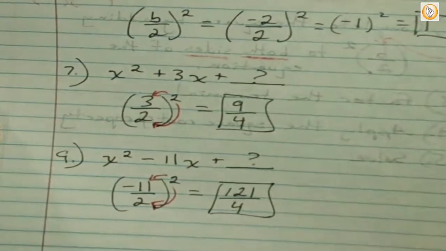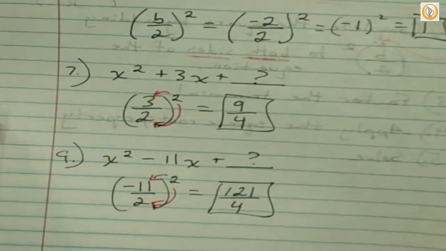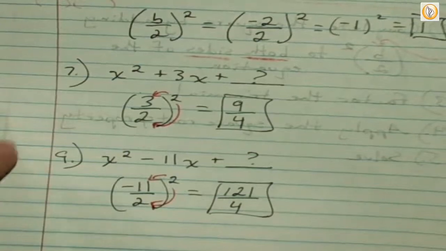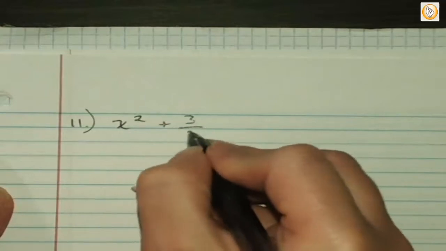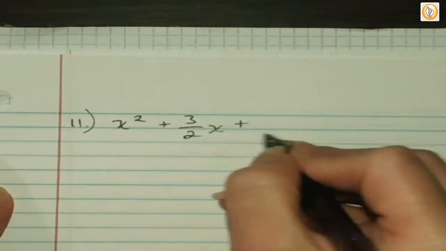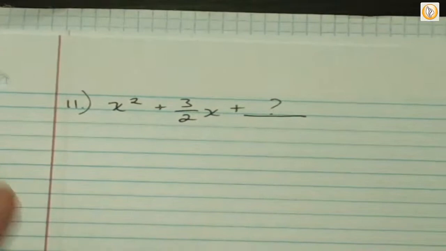All right, Taylor, you ready for a tough one? Yes. All right, does anyone have questions on this? Okay. Look at number 11. X squared plus 3 over 2x plus what is added to both sides?